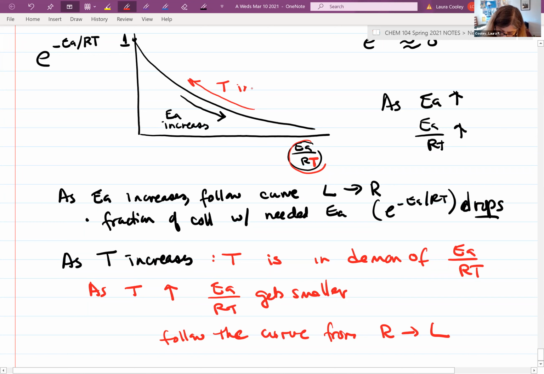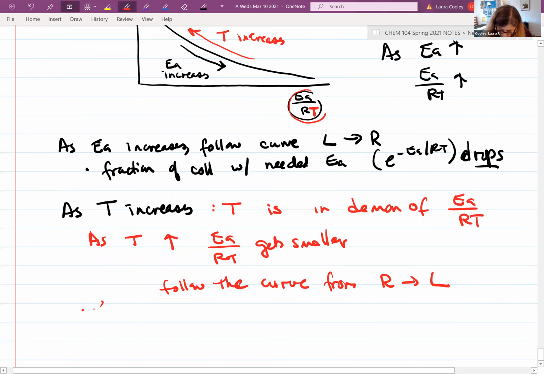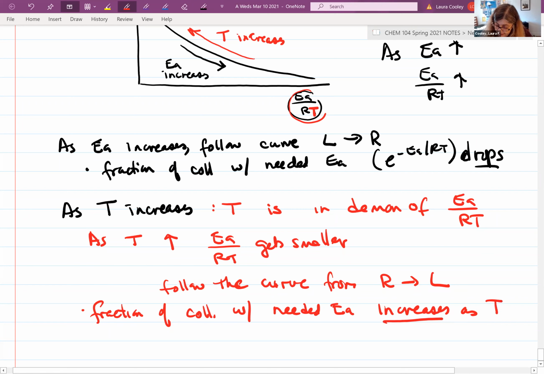This is as T increases. So as T increases, you've got more energy in that sample. You've got more thermal energy. And therefore, you're going to have more of those collisions that are going to have the needed activation energy to go over the barrier. So the fraction of collisions with the needed activation energy increases as T increases.